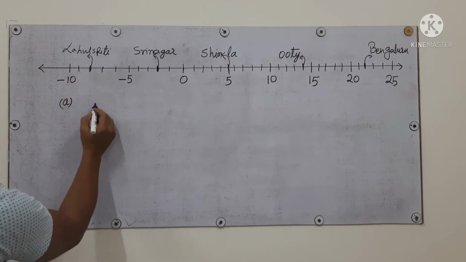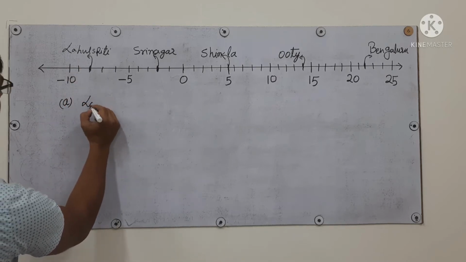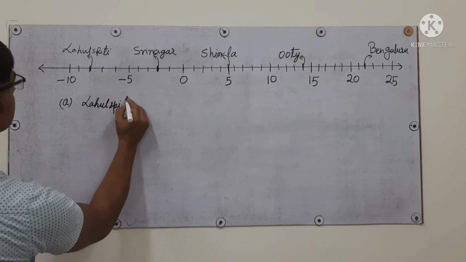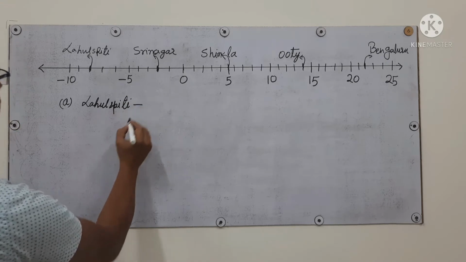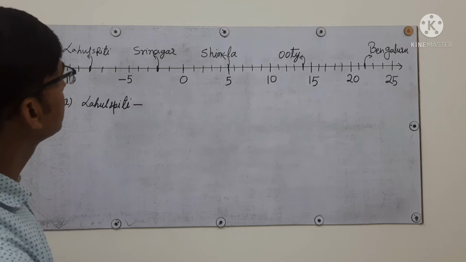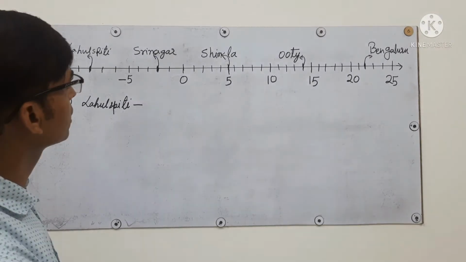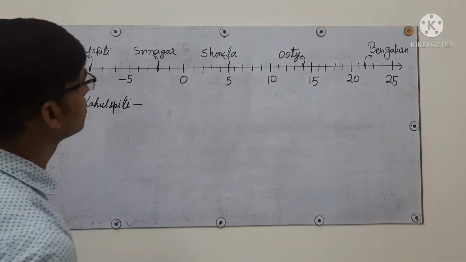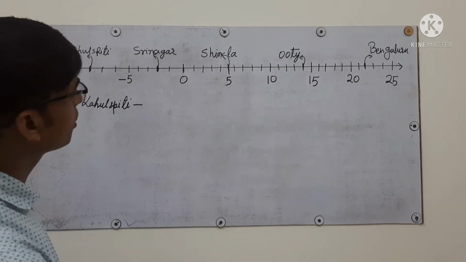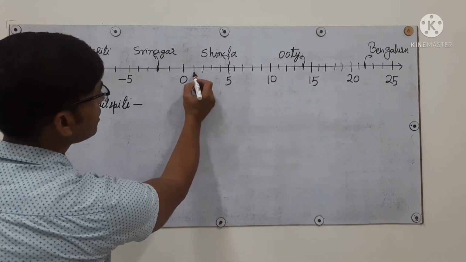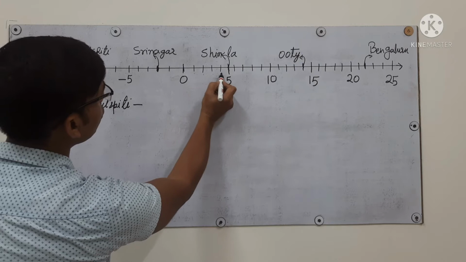So first is Lahul Spiti. In previous sessions we have done the number line of integers, and we all know that the numbers which come just after 0 are greater than 0, that is 1, 2, 3, 4, 5.